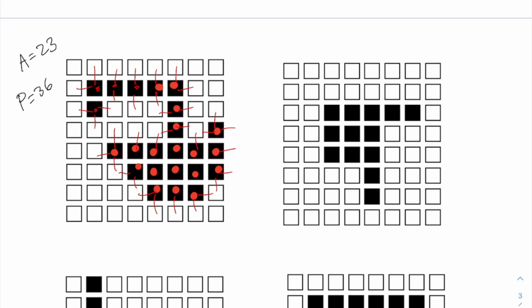All right. And so for the first shape, the isoperimetric quotient is 4 pi times 23 divided by 36 squared. And that's how I would expect you to leave it on a quiz or a test. You really can't go any farther than that without a calculator.